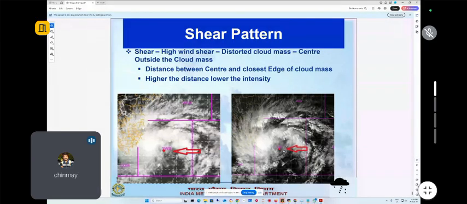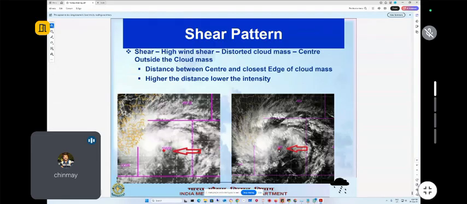So the circular cloud lines indicate where the center of the cyclone is. Always look for low level clouds, not the high level clouds, because the center that we are trying to find is at the lowest possible level, ideally at the sea surface level.